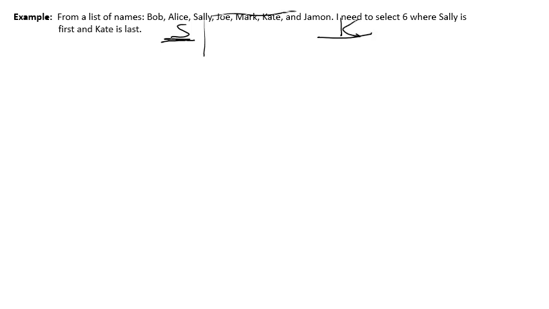Well, in the middle, since I need 6 people, I need to pick 4 people from the remaining 5 people, right? We've already picked Sally, she has to be first. We've picked Kate, she has to be last. So in the middle, the remaining 4 people have to be coming from the 5, right?